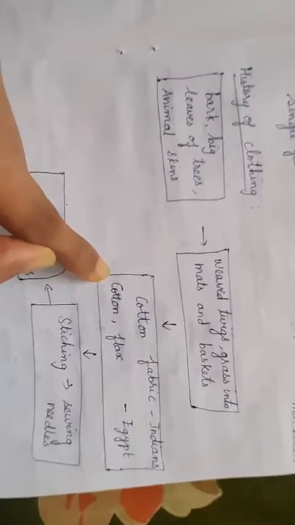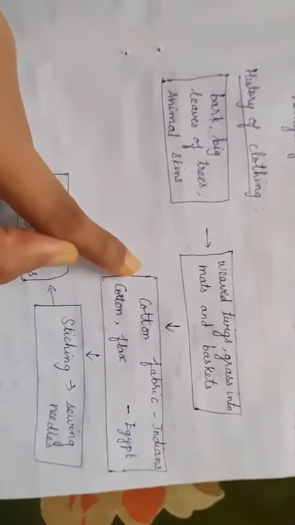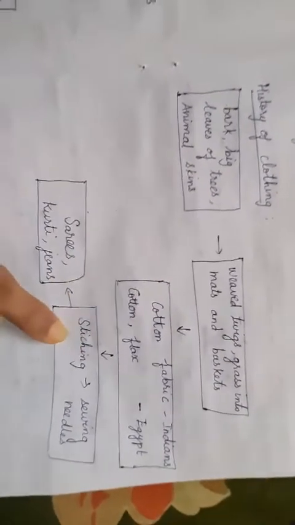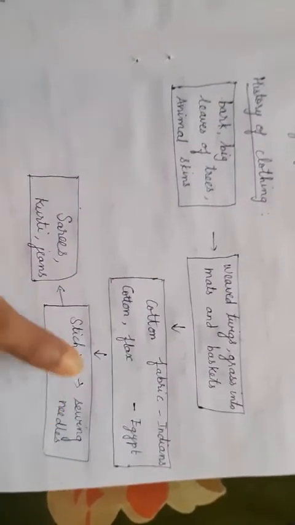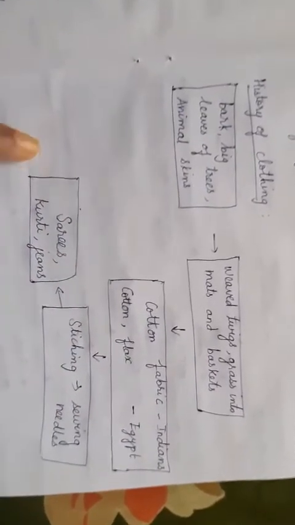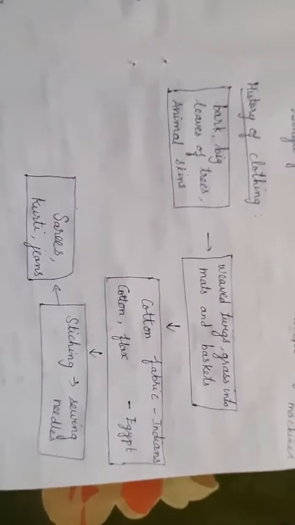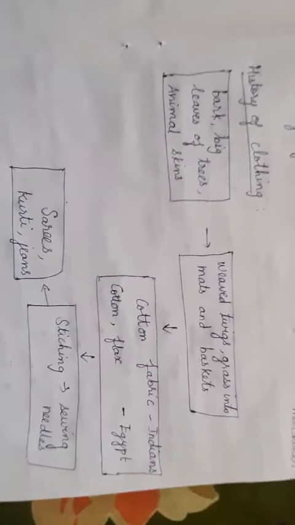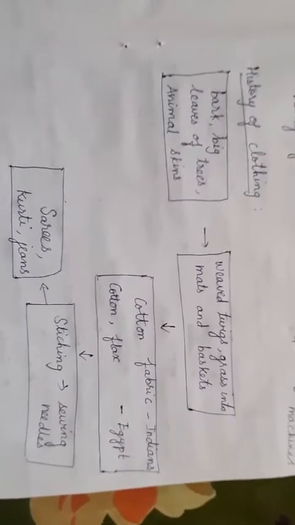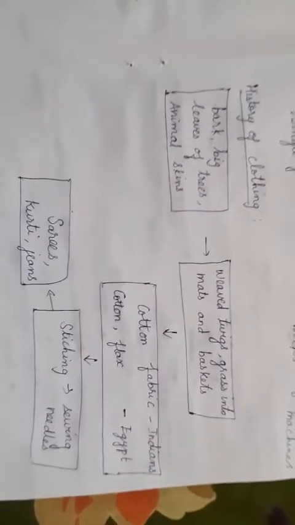Cotton and flax were used by people all around the world. Then stitching machines using sewing needles were found, and we got our saris, kurtis and jeans into existence, giving wide variations in the revolution of clothing.